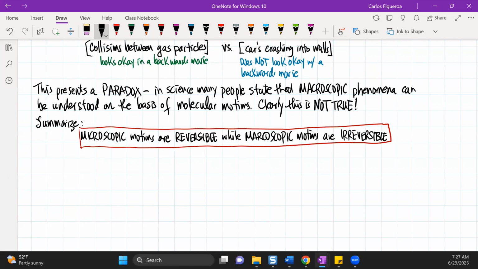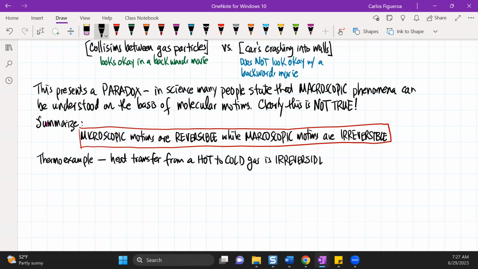So again, if we now bring this to a thermal example in thermodynamics, this tells us that heat transfer from a hot to a cold gas is irreversible, but the molecular gas collisions in this process are reversible.